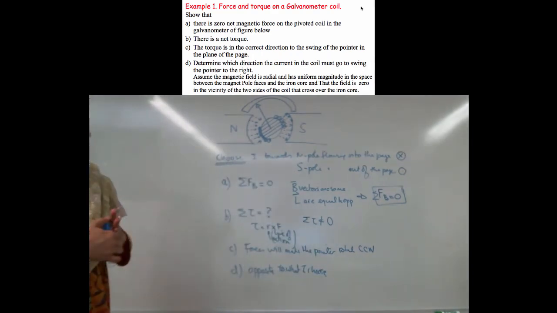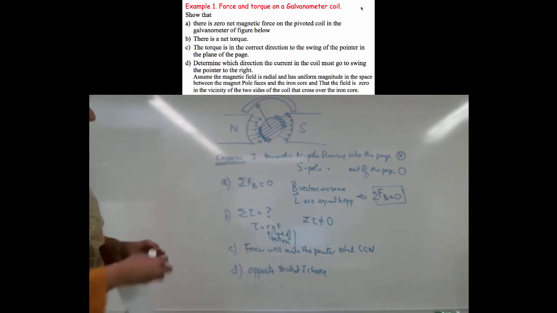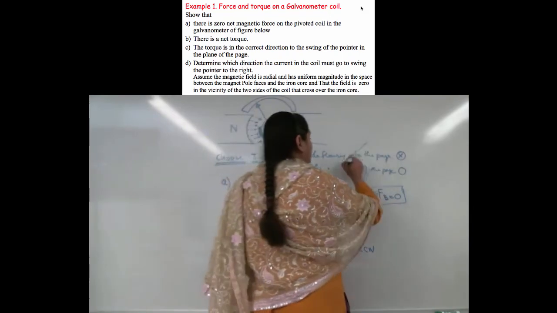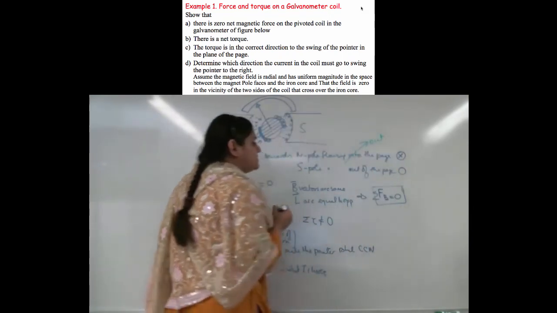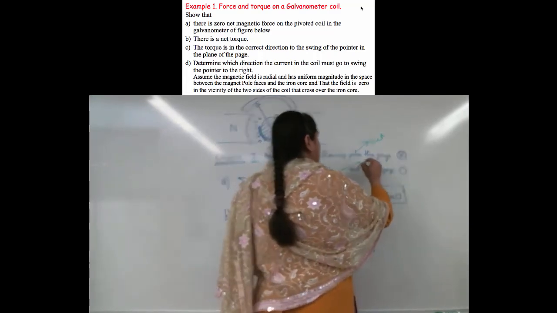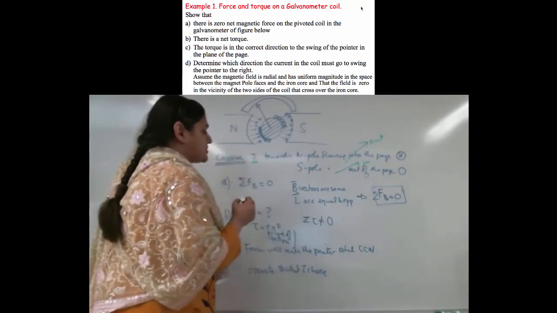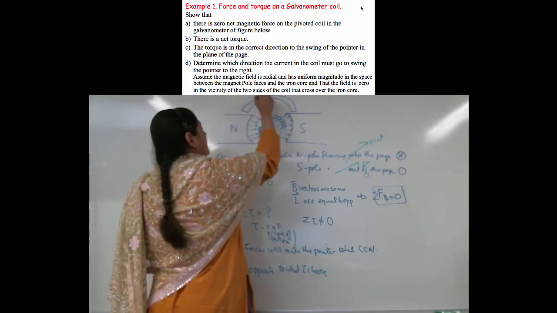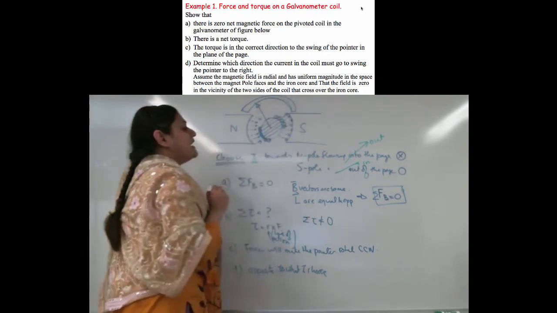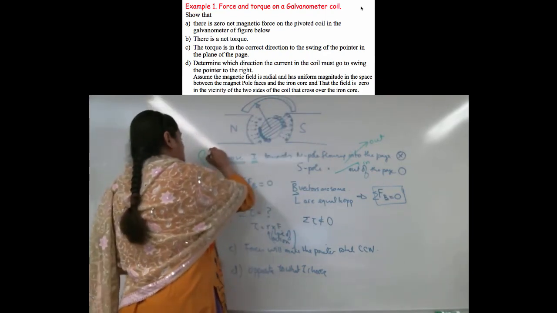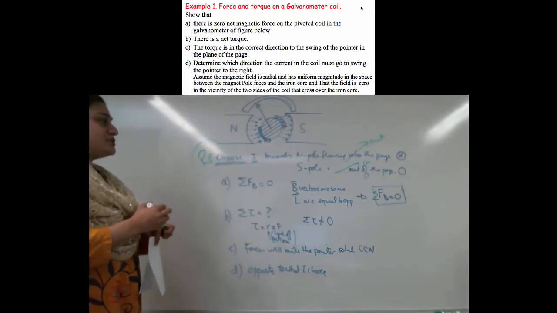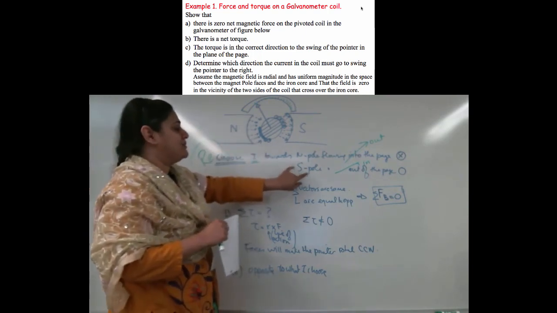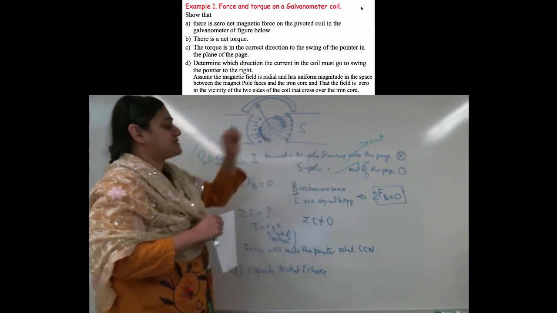Which means that I towards the North Pole should have been flowing out of the page, and I towards the South Pole should have been pointing into the page. So my choice was incorrect. In order for this pointer to go clockwise, I have to re-choose I to point out of the page when it's going towards the North Pole, and re-choose I into the page when it's going towards the South Pole.